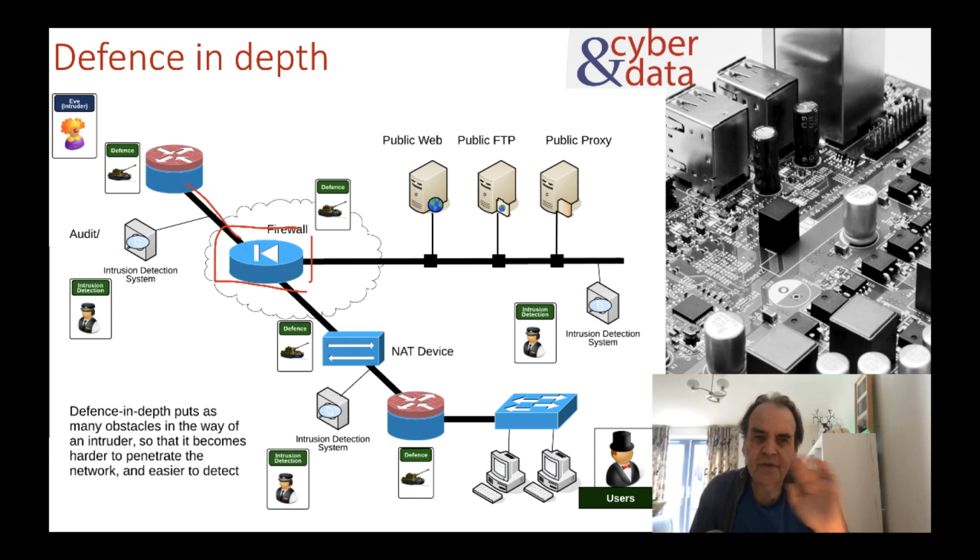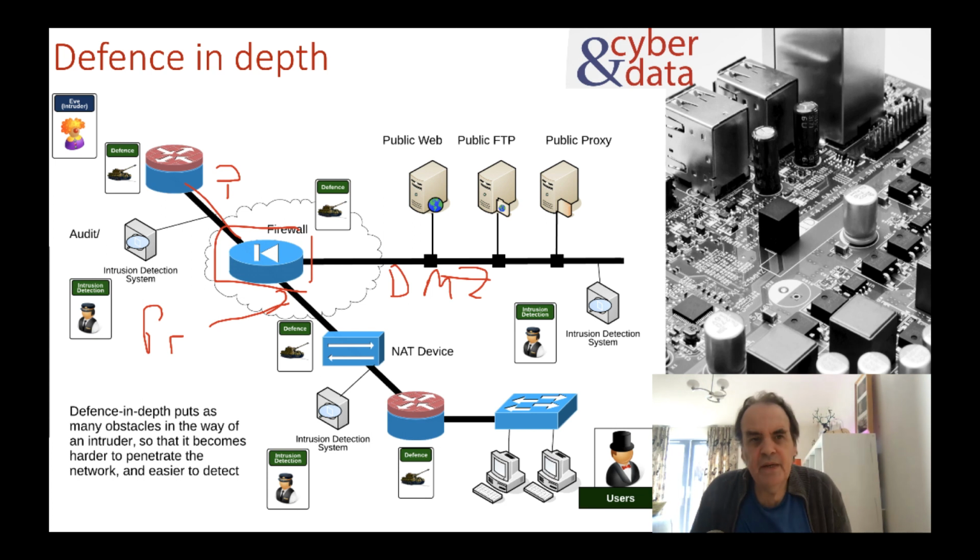And with this, we have three network connections. We have a public network here, we have what's called the DMZ here, and then we have a private network here. So the public network is untrusted, so none of the traffic on that network can be trusted at all. This here is partially trusted, and this here is fully trusted.